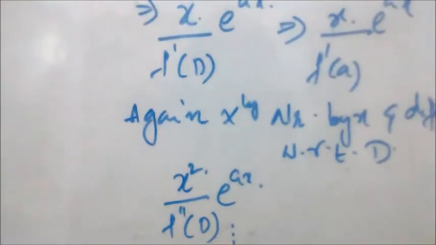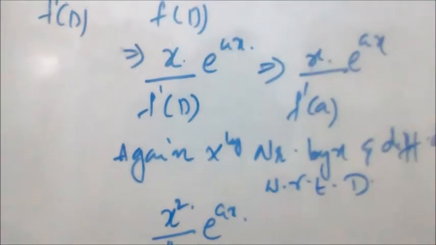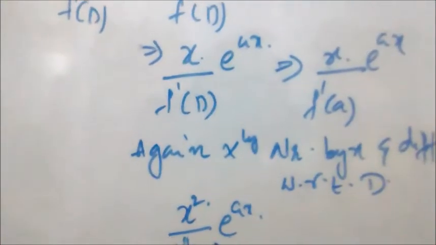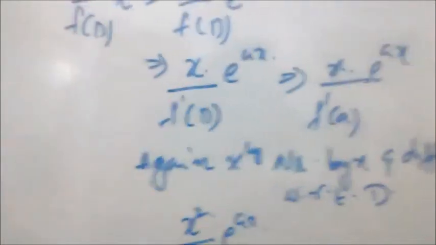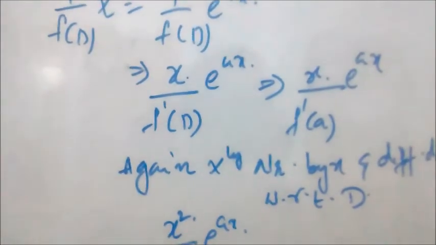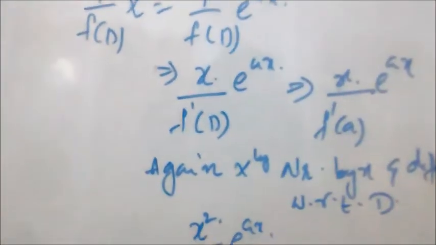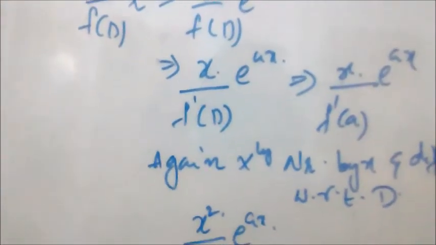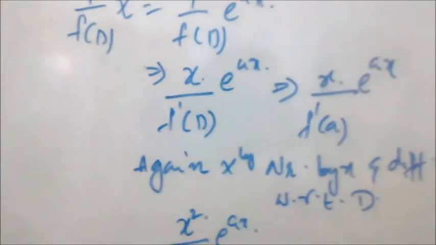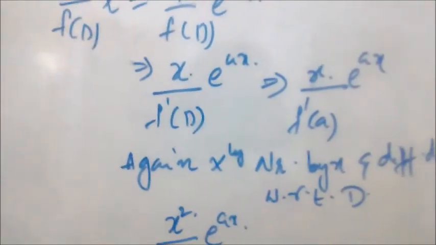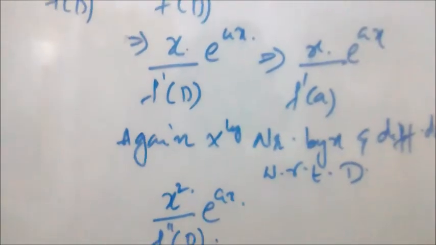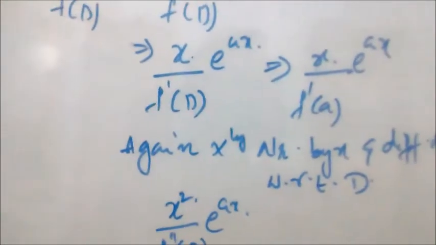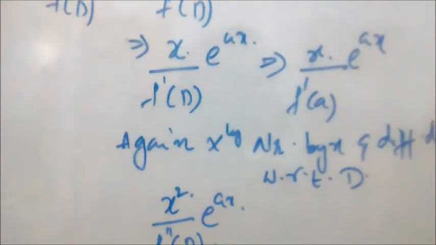The first case, we are going to substitute D is equal to a, and it has to become 1 by f of a is not equal to 0. When 1 by f of a is becoming 0, then you have to go to the second case. You have to multiply your numerator with x and differentiate your denominator with respect to D, and substitute D is equal to a.